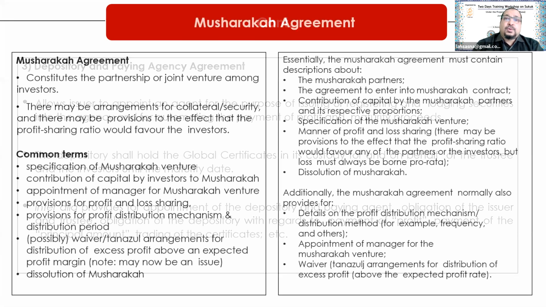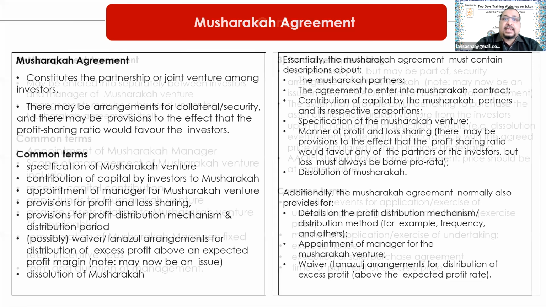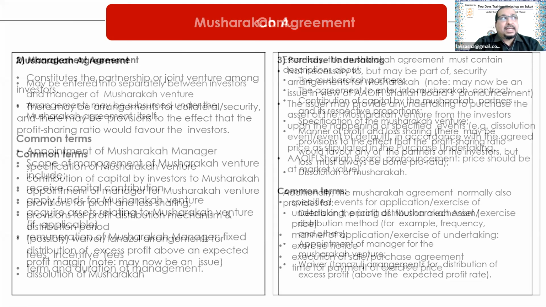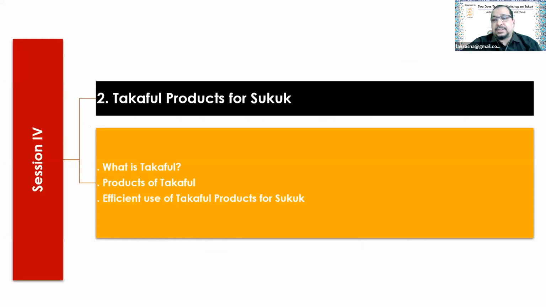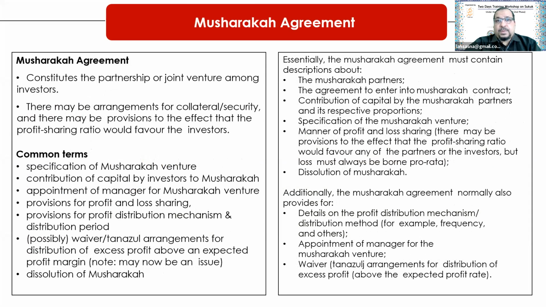Now let's go one more level down to zoom into one. I think I just selected Musharaka here. Yes, I just picked Musharaka because this legal documentation may take a long time. We have over, I told you, 14 sukuk.